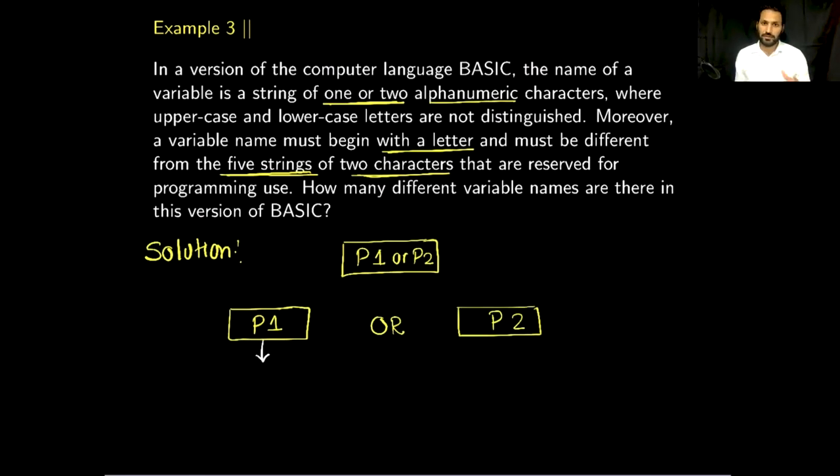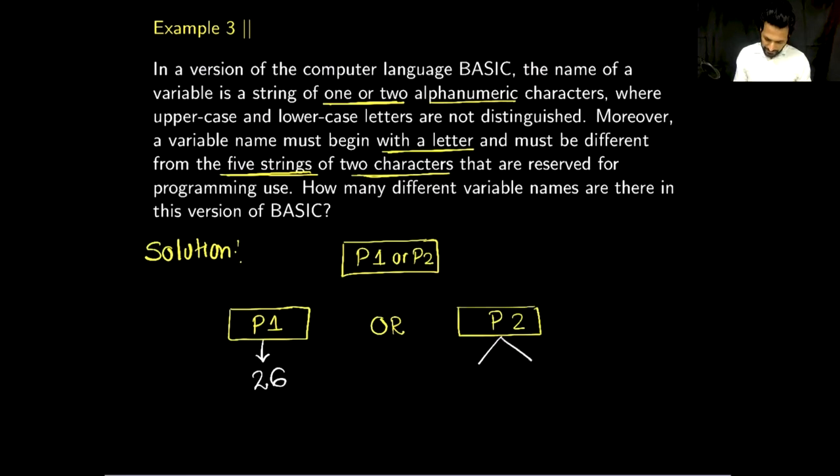But the string must start with a letter, so the string which is only 1 character long can only use 26 letters. It cannot use a digit because there is only 1 place to fill.